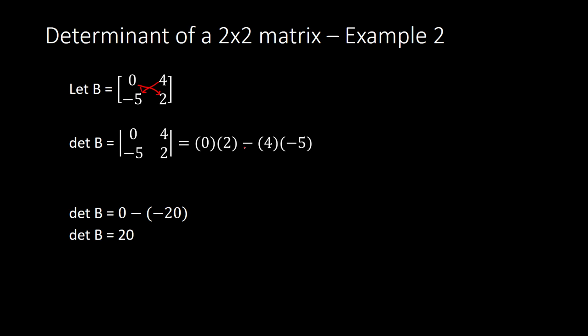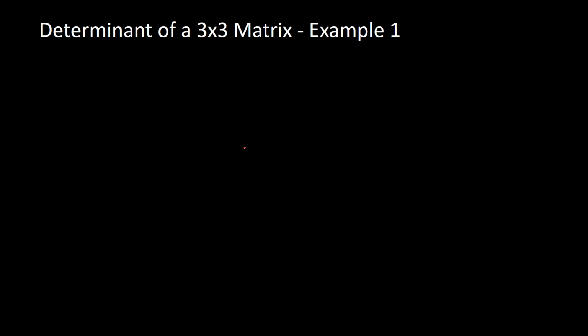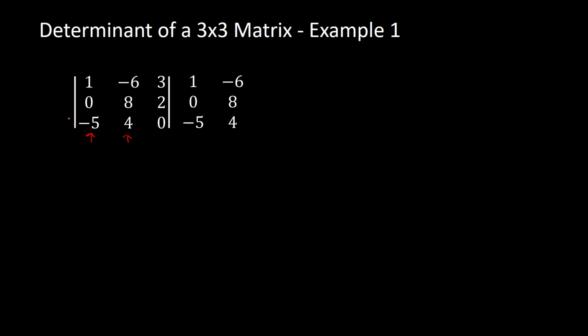Now for a 3 by 3 matrix, this one is a little more complicated. Well, let's say this is your matrix, and you're trying to find the determinant of this matrix. What I do is I begin by rewriting these first two columns right here, and I'm going to write them over on the right-hand side.